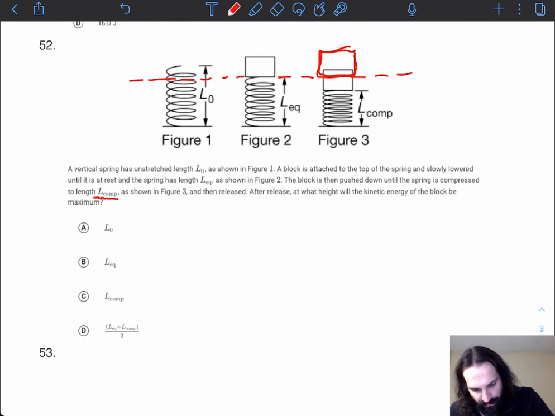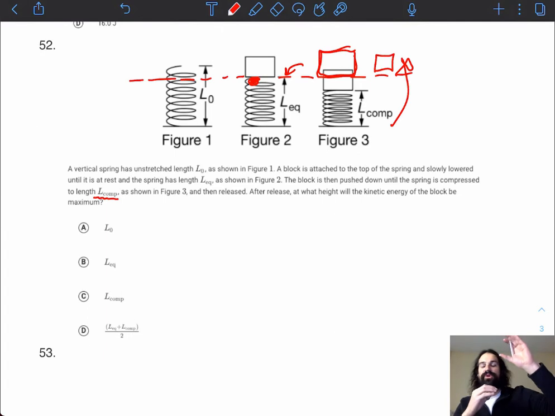Well, once the block reaches the equilibrium position, the spring will stop pushing it, or at least the spring will not expand as quickly as the block. So at that point, the block is released. And once you pass the equilibrium position, because the block is going up faster than the spring is, the block will slow.